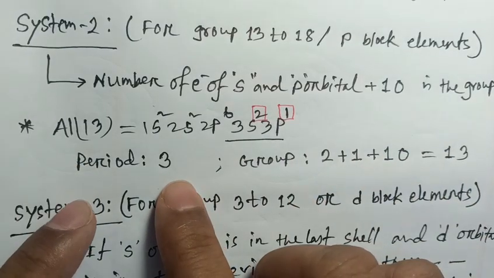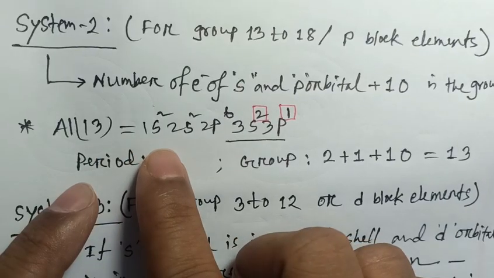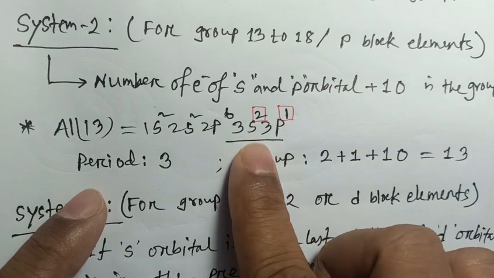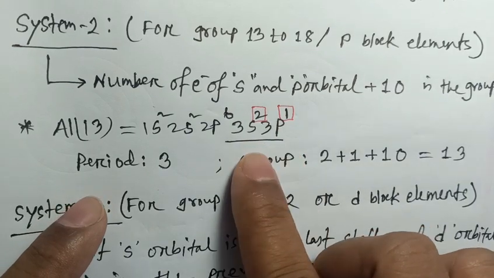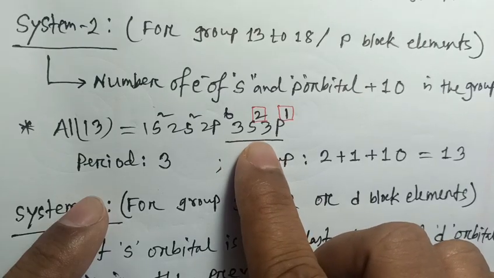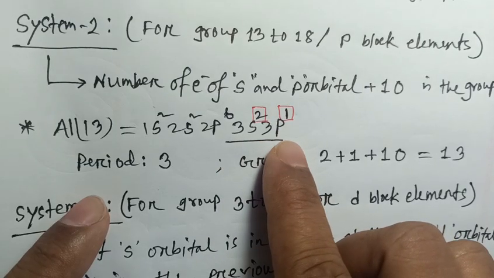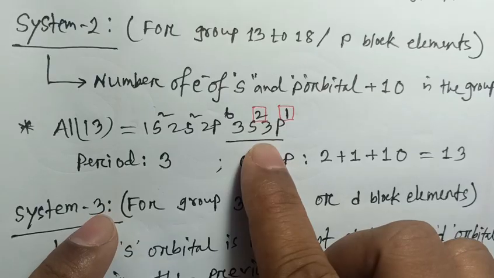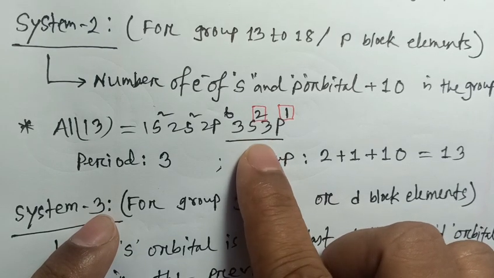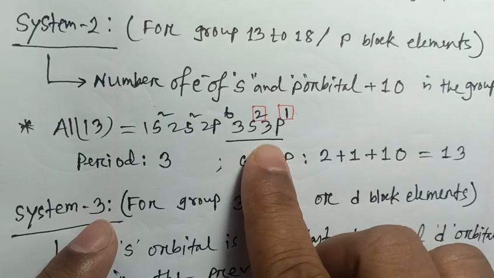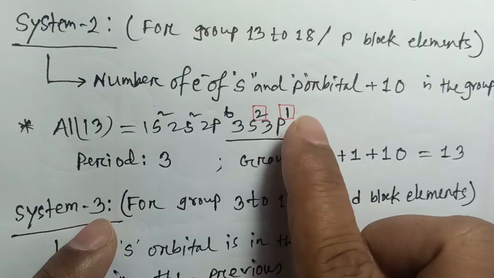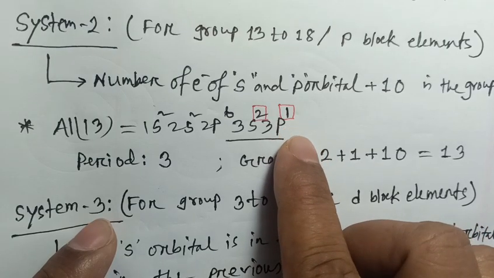We can see aluminium. The electronic configuration of aluminium is 1s2 2s2 2p6 3s2 3p1. Remarkably, here in the last shell we can see the S orbital and P orbital. If the S orbital and P orbital are in the same shell, then the number of electrons of the S orbital and the number of electrons of the P orbital plus 10 is the group.